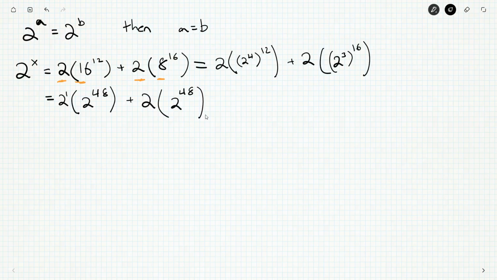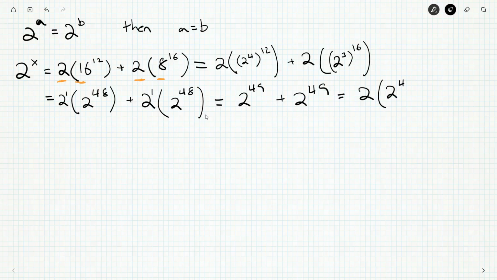Now each of these 2's out front is really 2 to the 1, and when we multiply powers of the same base, you are allowed to just add. So we get 1 plus 48 on top, 1 plus 48, so 49 for both of these exponents, but this is the same number repeated, so we have 2 copies of it.